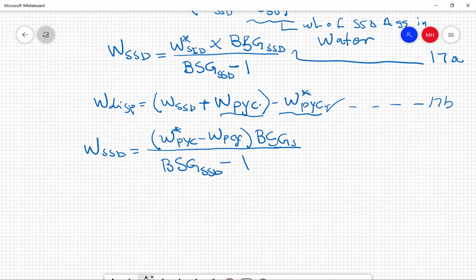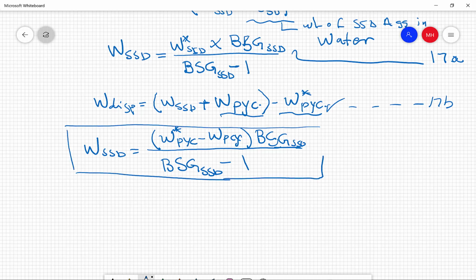Of course, this one is SSD also. All right. So that's how we determine the weight in the SSD condition. And let's give this designation number 18 just to keep track of the equation. Okay. So this is about the moisture content.